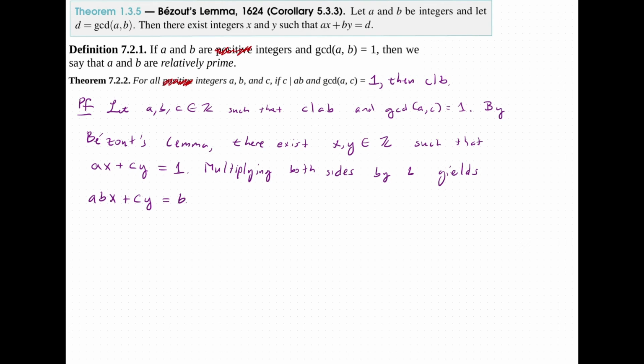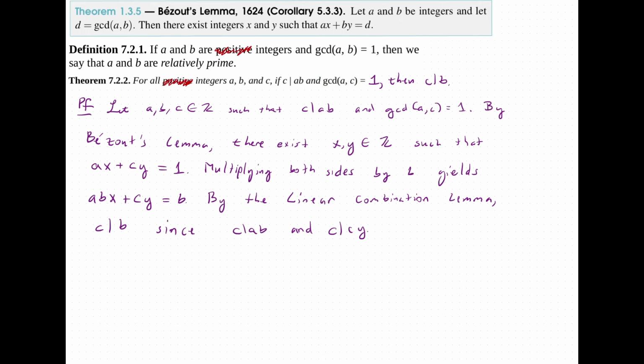But now we have that c divides ab. So c divides ab, and c of course divides c times y. So now we got the linear combination lemma. And so by the linear combination lemma, we get that c divides b, since c divides ab, and c divides c times y.